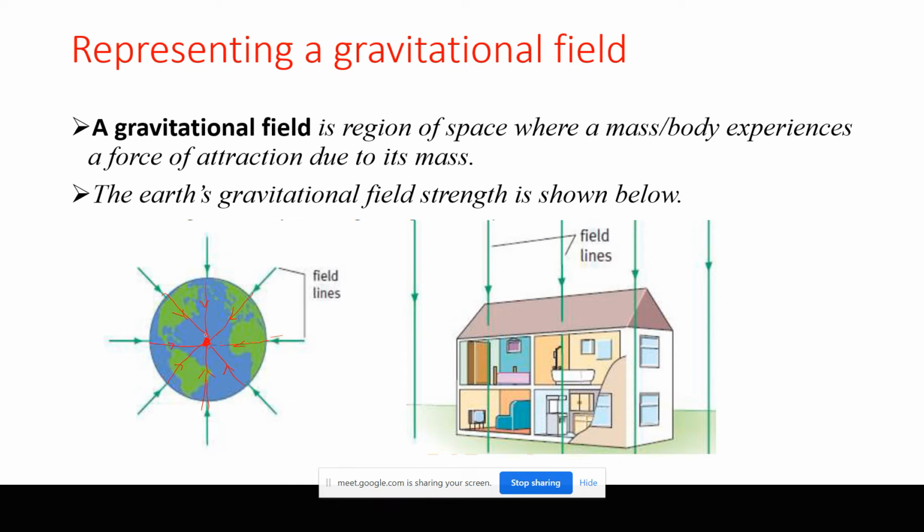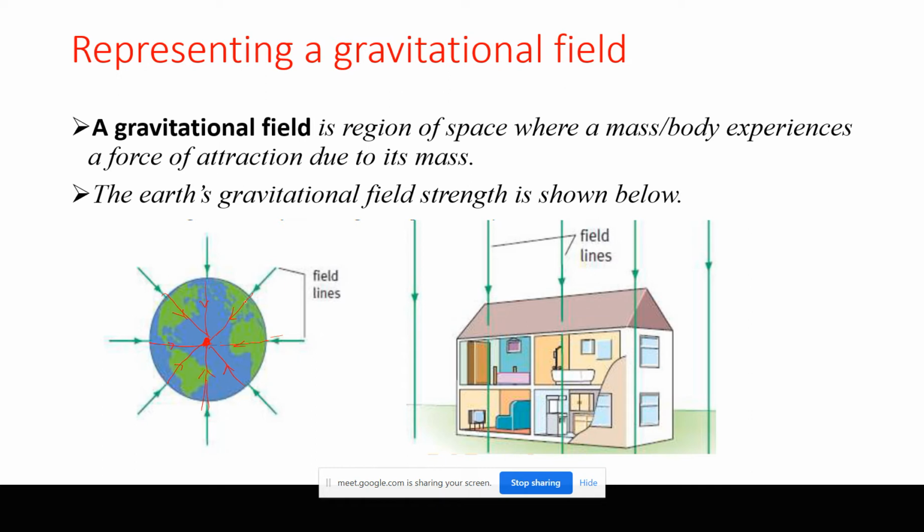So for any other mass, if the mass is spherical in nature, the field around it comprises field lines which are pointing towards the center. This is how we represent a gravitational field. Note that it is not only the Earth that has a gravitational field.